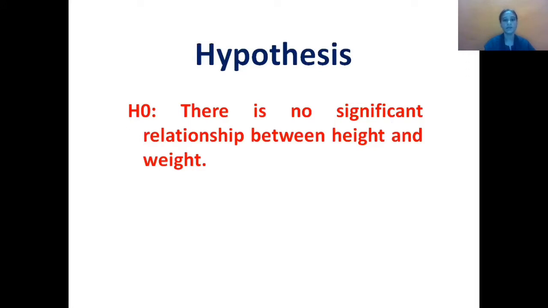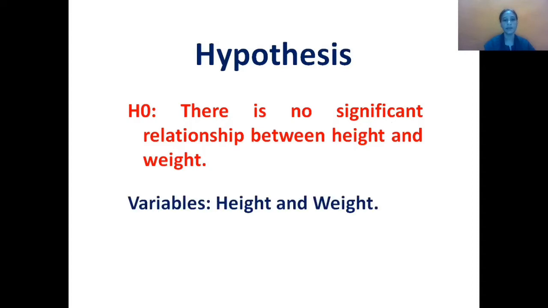Here you can see we have two variables named height and weight, and both these variables are measured on ratio scale. So this is the condition that we should have at least two variables and both should be measured on either interval scale or on ratio scale.